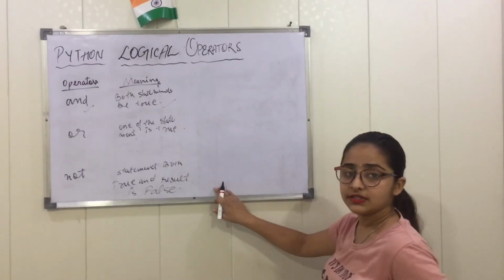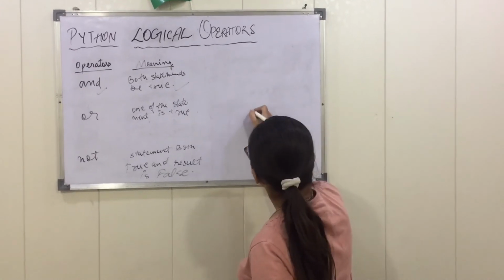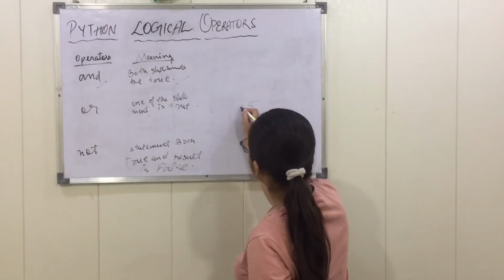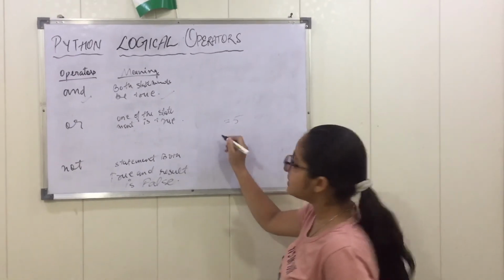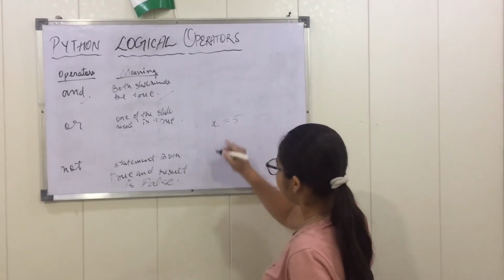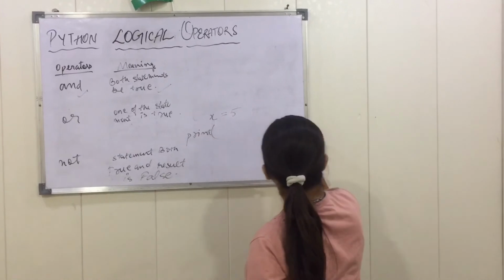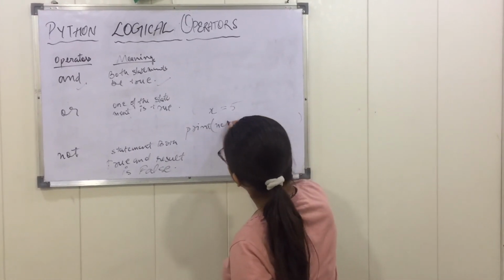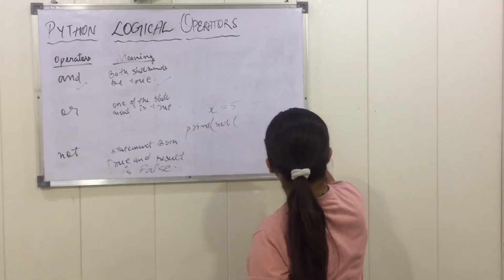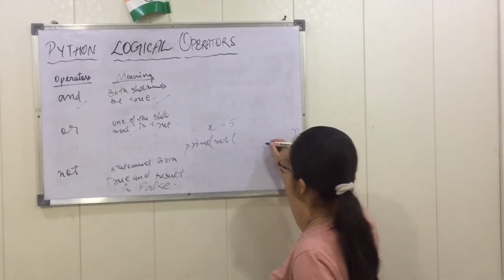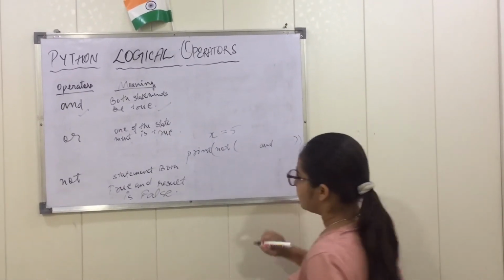The next one is the NOT operator. Suppose I am taking the value 5 and the variable name x. After that I will print the value. First of all I will write NOT, and in between I will pass the two statements in AND formation.